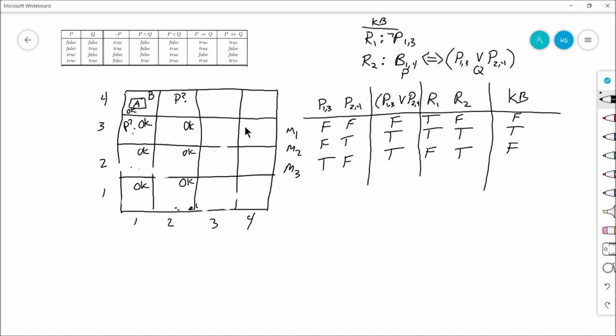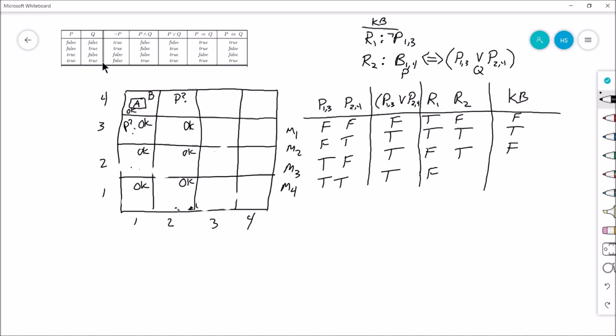Okay. Let's see here. So the last possibility, the last model that we could have, the last possible world, would be having pits in both of them. That would certainly satisfy P13 or P24. Now, does that satisfy R1? No, because not P13 is not true, which is false. Right, now, is R2 satisfied? Yeah, because true, if and only if true, right?